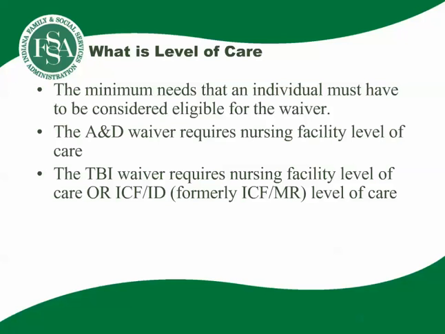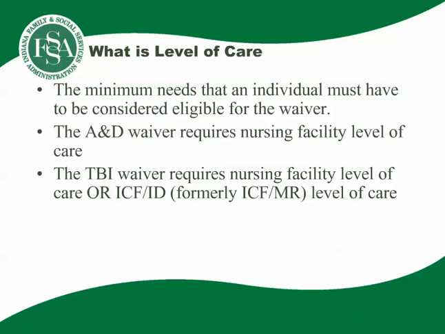For our TBI waiver program, we're not going to talk about that a lot today in this presentation. The traumatic brain injury waiver is much smaller in scope than the A&D waiver. The A&D waiver serves around 14,000 people statewide, whereas the traumatic brain injury waiver is capped at 200 people statewide. So it's a much smaller program. I'm sure you'll encounter it at different times, and there are other materials available to help you become more familiar with the eligibility requirements for that waiver.